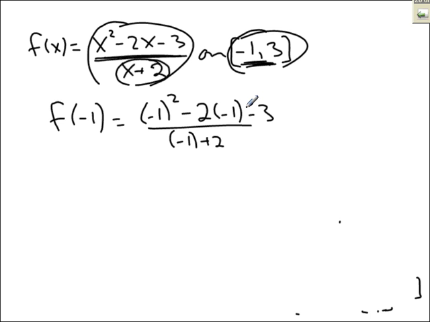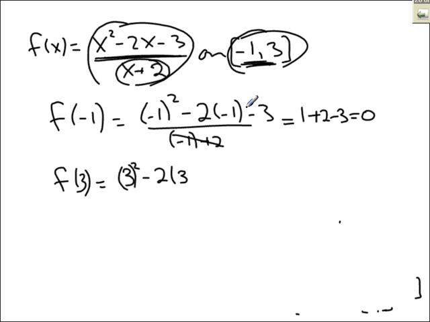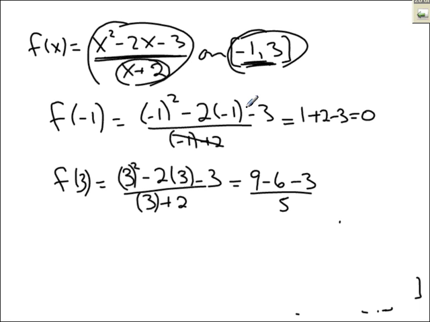The bottom is 1, and dividing by 1 doesn't do anything. So we have negative 1 squared, which is 1, minus 2 times negative 1, that's plus 2, minus 3, which is 0. And f of 3 is 3 squared minus 2 times 3 minus 3 over 3 plus 2. So it's 9 minus 6, which is 3. Minus 3 is 0 over 5, which is 0.